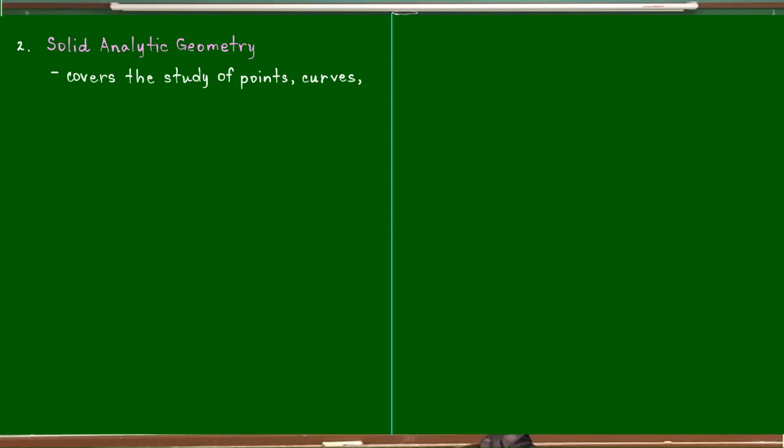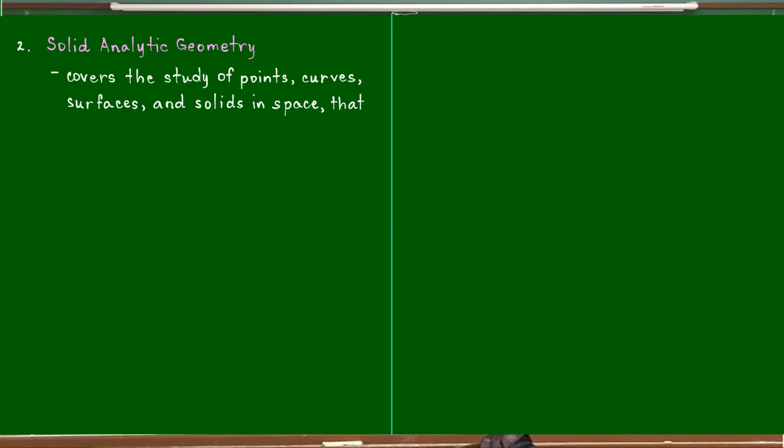This division covers the study of points, curves, surfaces, and solids in space. Meaning all those that we study in plane analytic geometry are covered also in solid analytic geometry, plus solids. Because this is in space, we can draw solids.